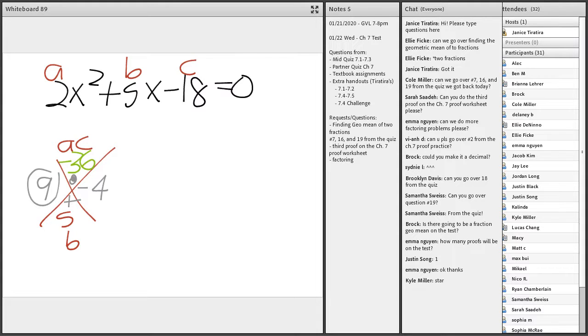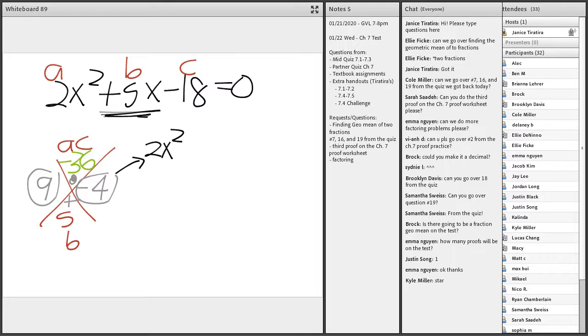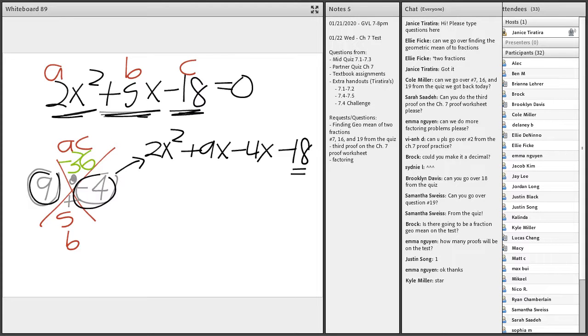So these convert this 5x. So now this is equivalent to 2x squared, change the 5x to 9x and negative 4x. So that's where these came from. And then keep the last one. So it didn't change anything except the fact that it became 4 terms.